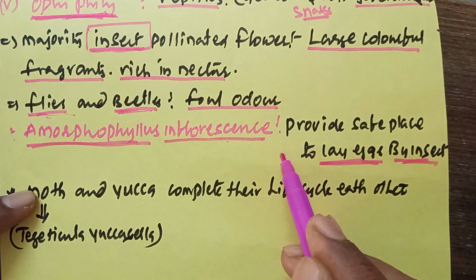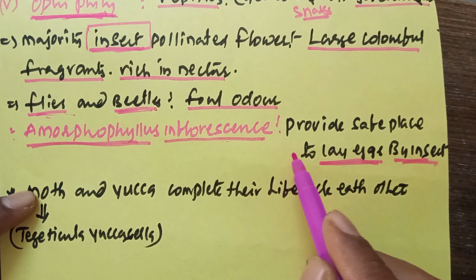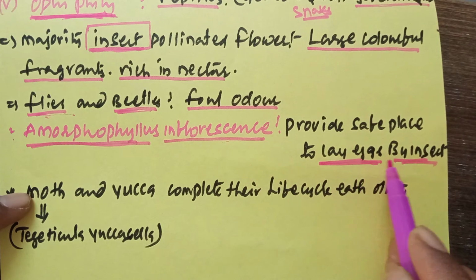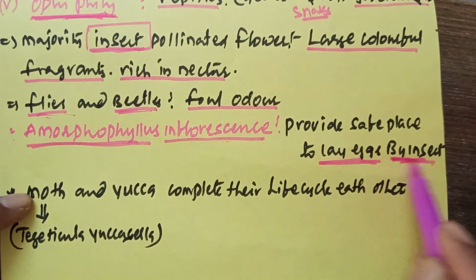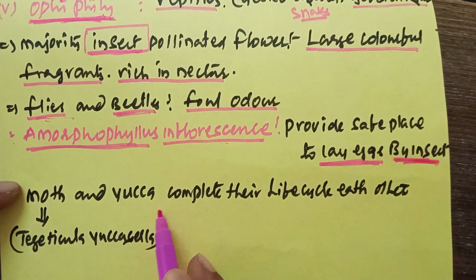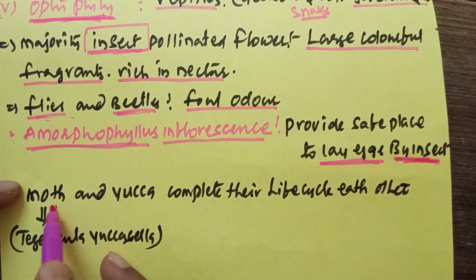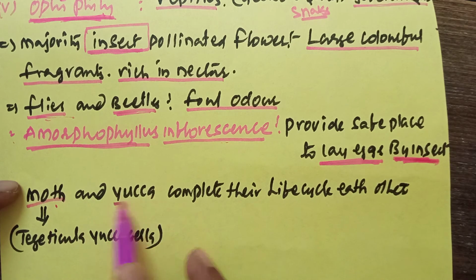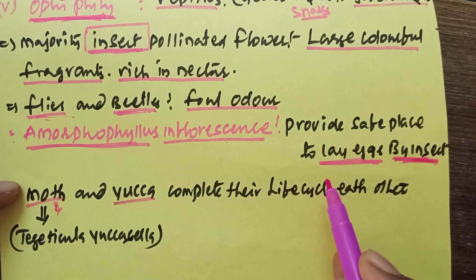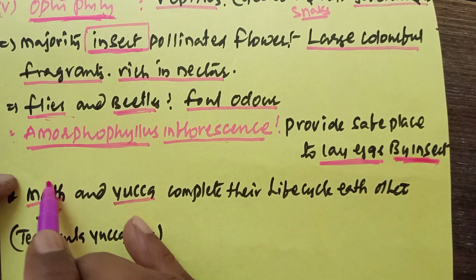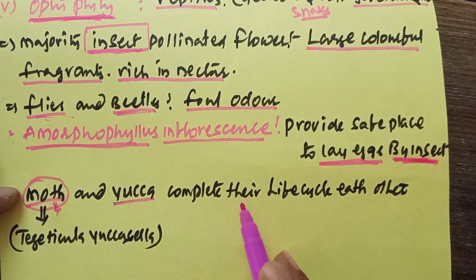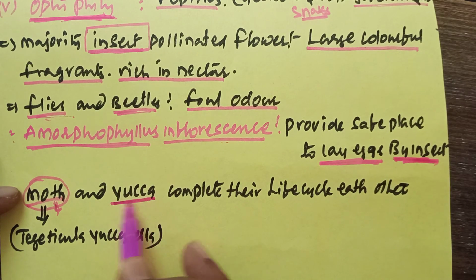It is a different type of inflorescence which provides a safe place for insects to lay eggs. And there is a close relationship between the moth, also a type of insect, and yucca. The moth's scientific name is Tegeticula yuccasella. This insect, the moth, completes its life cycle with the help of yucca.